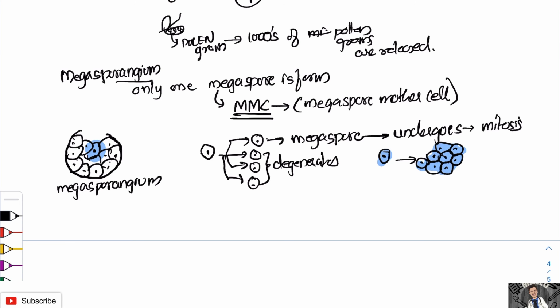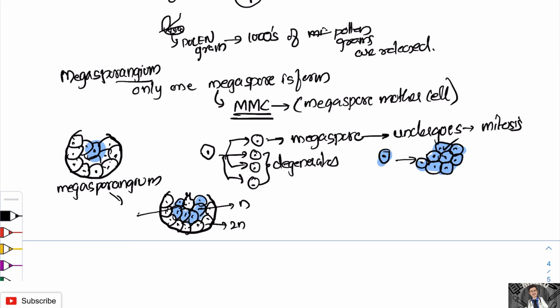Now within the megasporangium, I'm giving you a schematic representation for better understanding of the concept. So here our megaspore has repeatedly divided. These are diploid and these are haploid, and out of this one of the cells develops to form the archegonia.